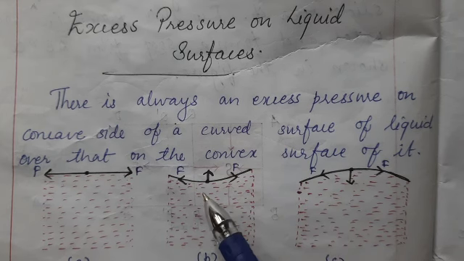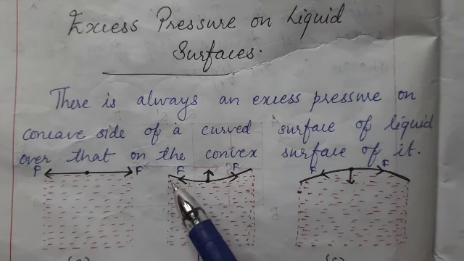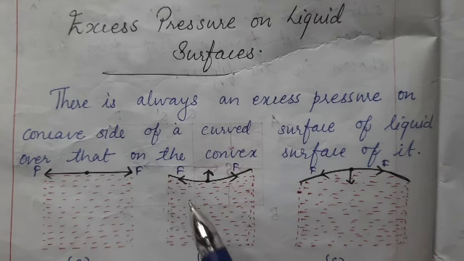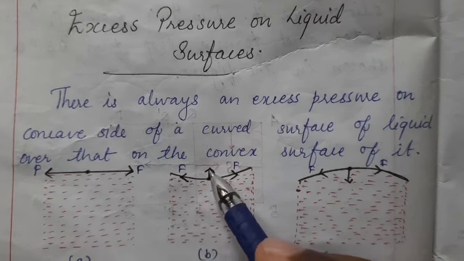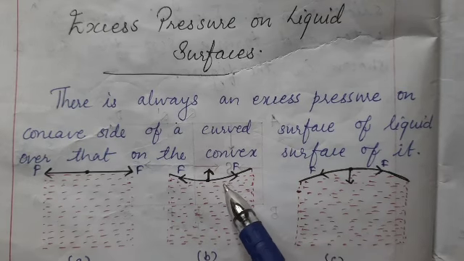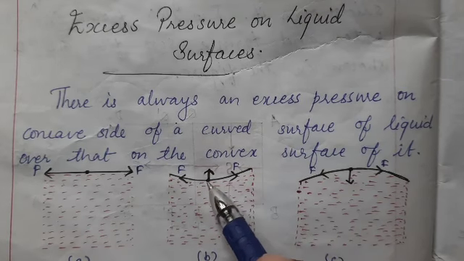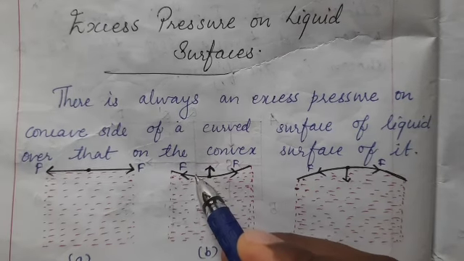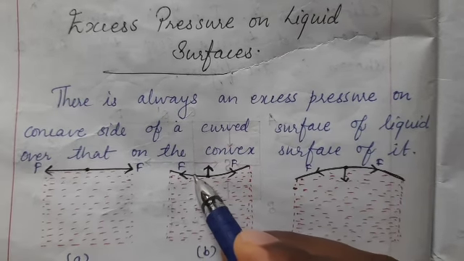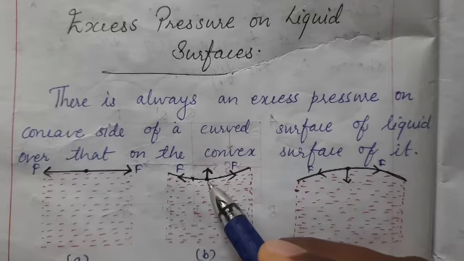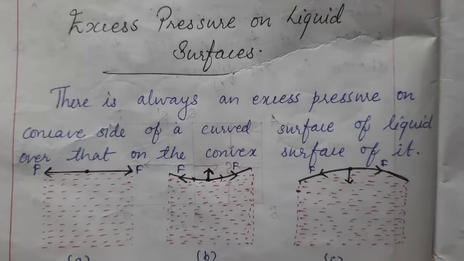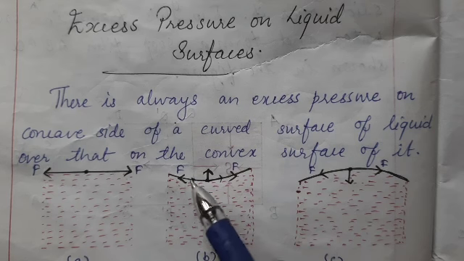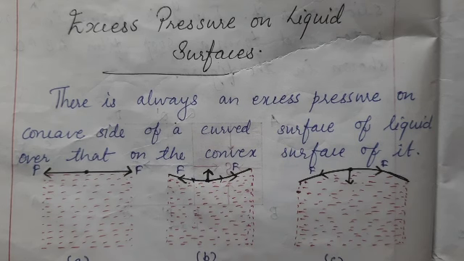Let's come to the general case, where almost always the top surface is concave. Suppose you consider this molecule at the center. A molecule here will pull it towards this side, and this molecule will pull it towards that side, so there is always a greater force in the upward direction. That's why this concave shape happens.